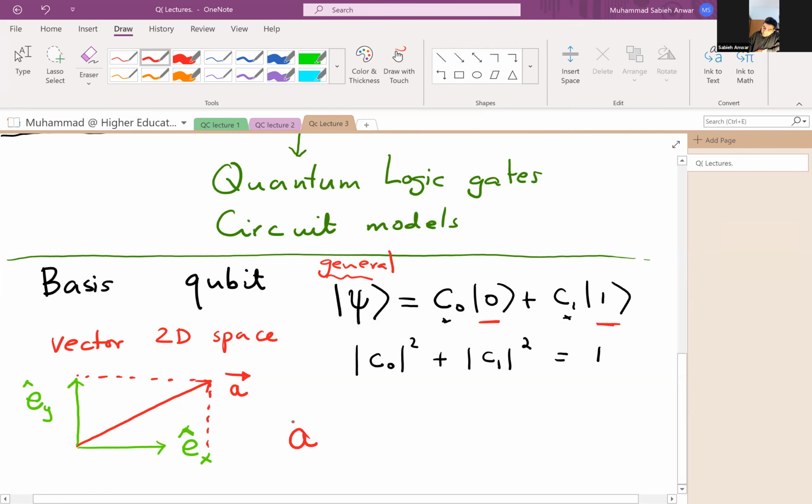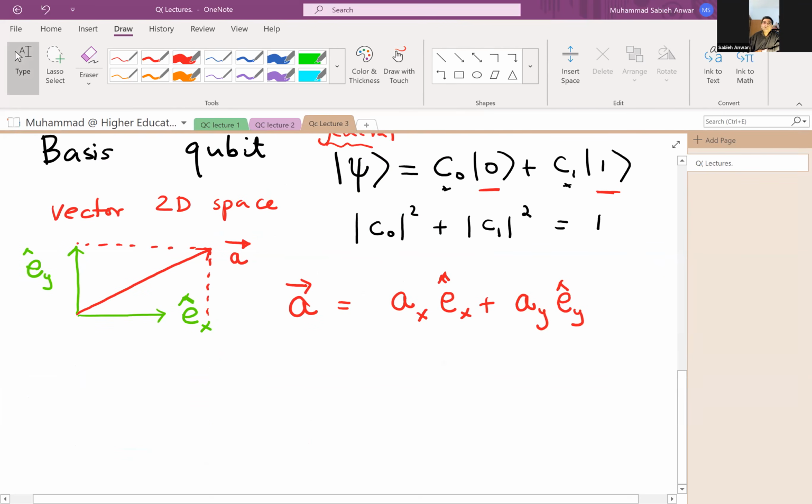So I can express the vector A as some projection Ax along the x-axis, together with the basis vector Ex, plus Ay, which is the projection along the y-axis, appended with the unit vector itself. Now, in this form of writing a vector, Ex and Ey are basis vectors. We all know this much about vectors.